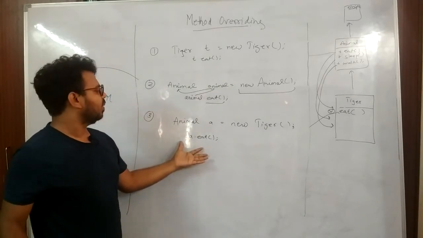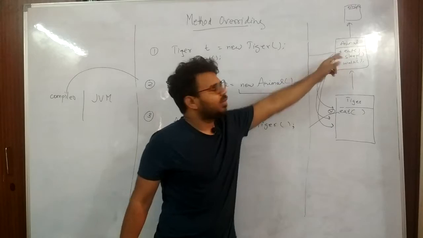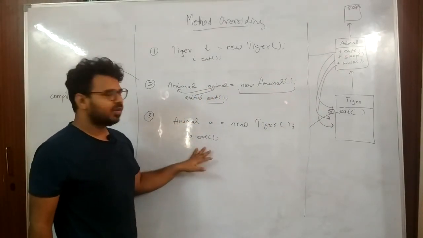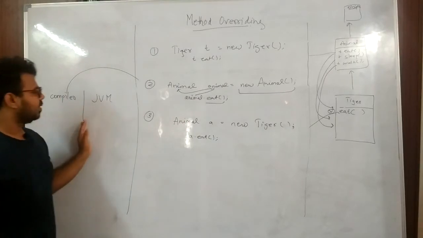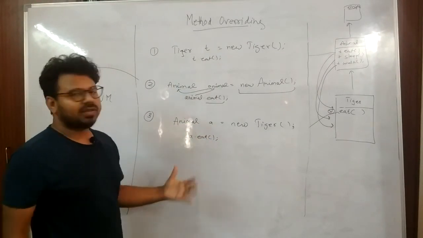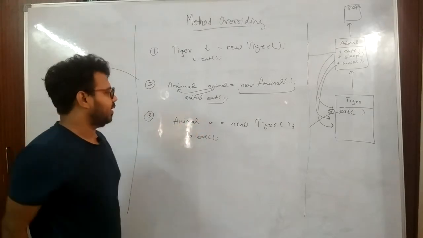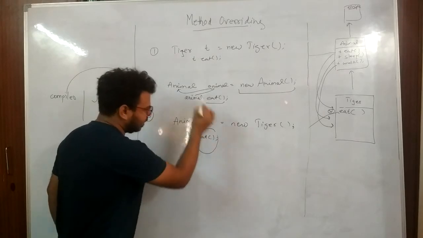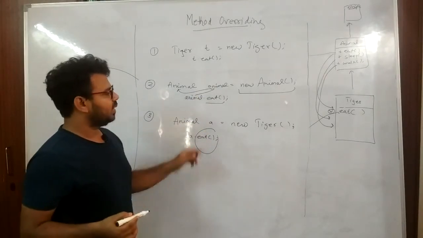There is no problem. If the eat method is not declared in the Animal class, then it will show a compilation error. So the job of the compiler is done. It simply looks for the eat method in the Animal class and it is present there, so the compiler will compile fine. Now, which eat method will be called here with a.eat?